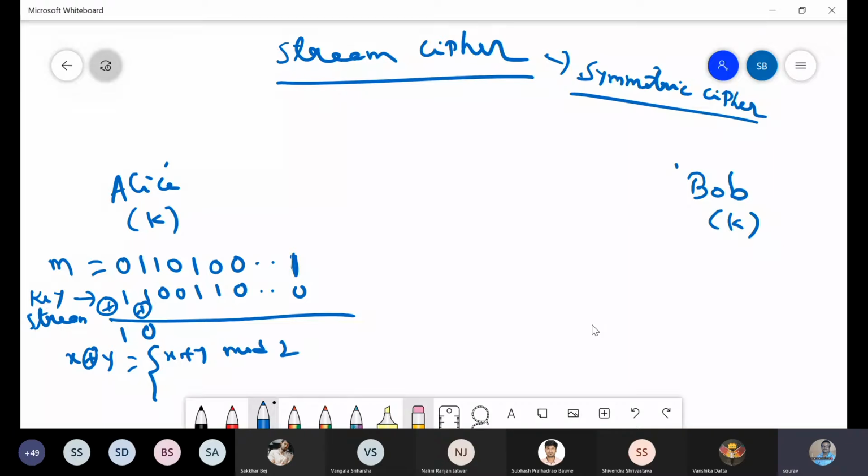So this is a modular addition, modulus 2 addition. So this is 0 1 0 0 1 0, like this.